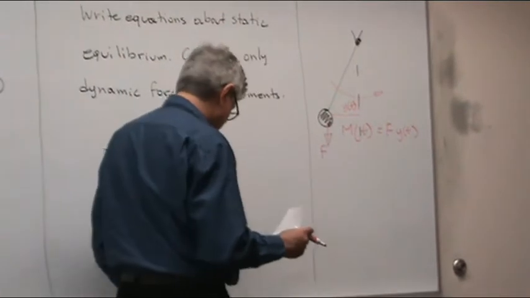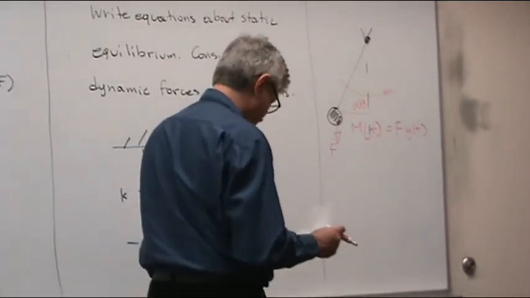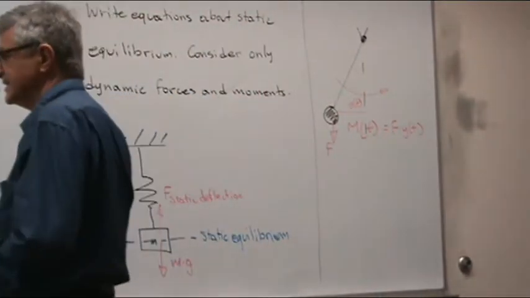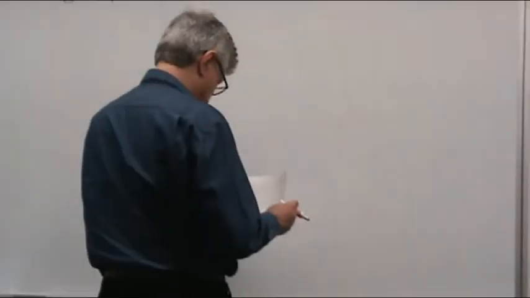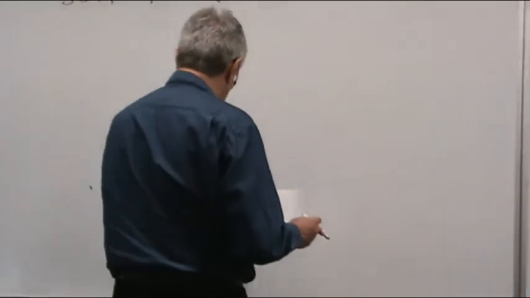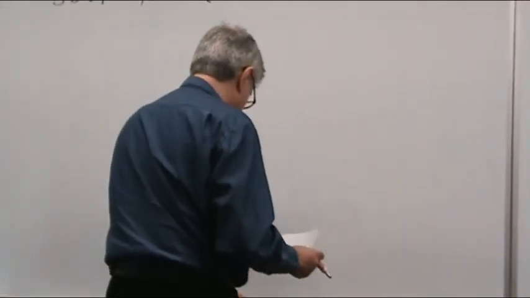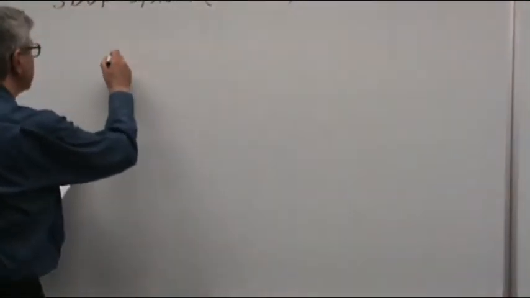Okay. There are three types of forces. One is the inertia force, the other is because of damping, and the other is because of springs, spring forces. So types of forces.